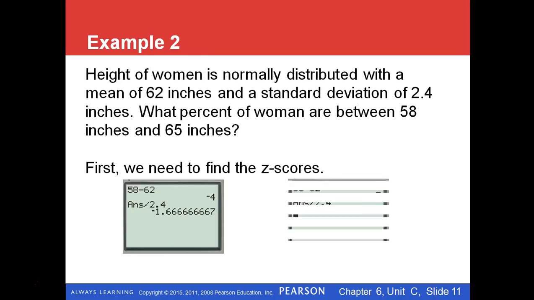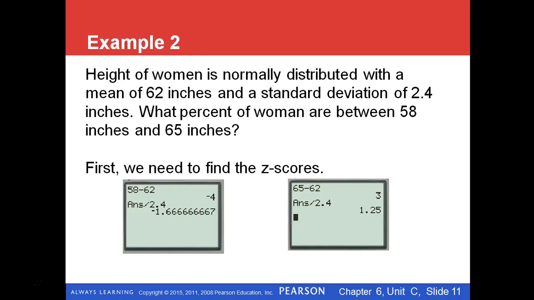For the 65 inches, we'll say 65 minus 62, that's 3. Divide by 2.4 and I get 1.25. So my z-score for the 58 inches is a negative 1.67, and the z-score for the 65 inches is a 1.25. Now I want to figure out what is the area between those two.